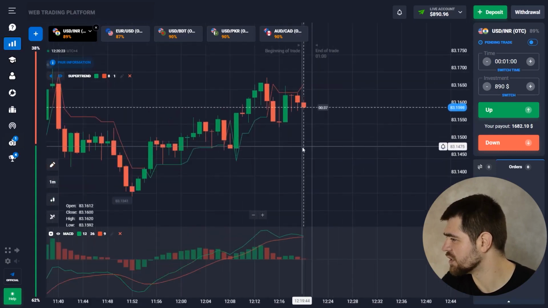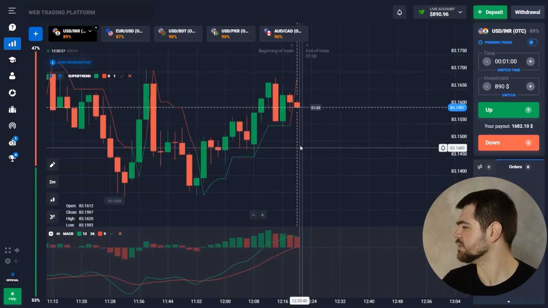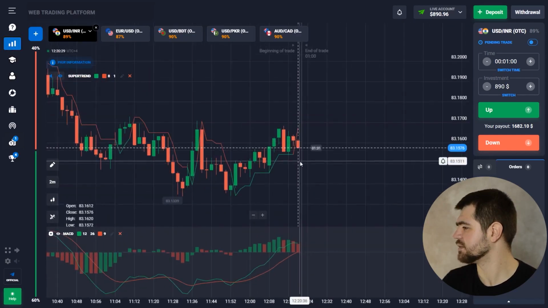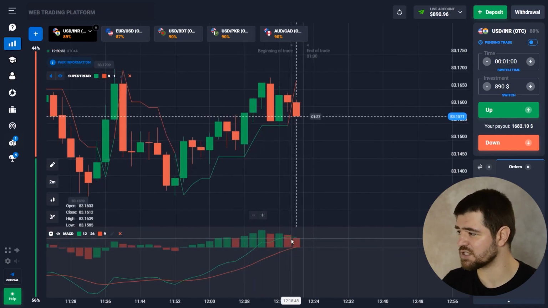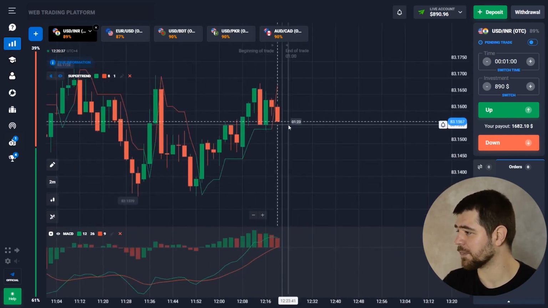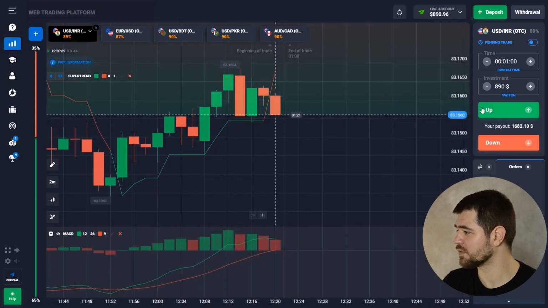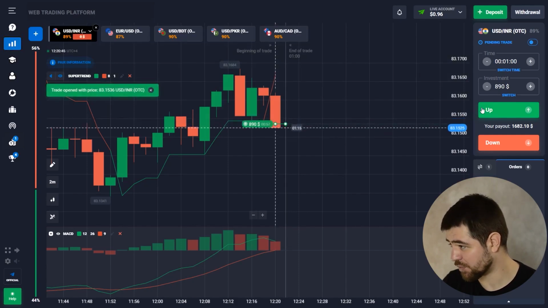Okay, so what we have here, it's a growing trend, and let's just change this time frame to 2 minutes even. Okay, so we got to this resistance level, and then it didn't have enough power, and now we're reaching a minor support level there.